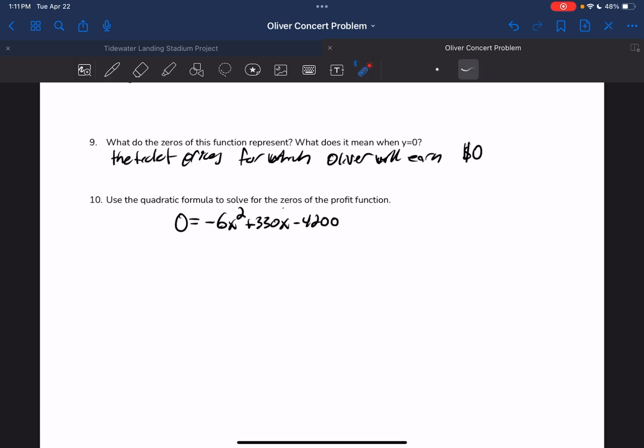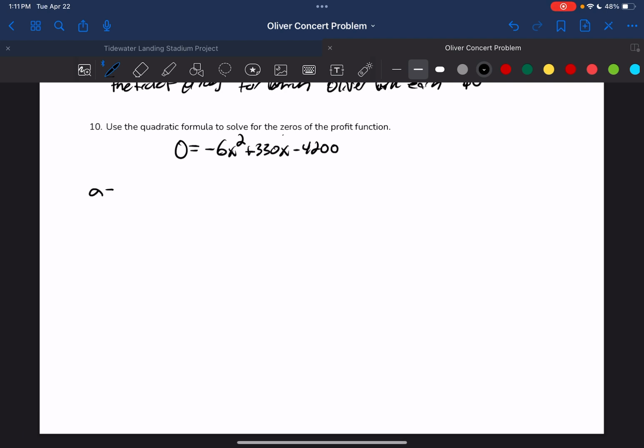And we know when we have an equation like this, we can solve it using the quadratic formula. So we want to identify a is equal to negative 6, b is equal to 330, c is equal to negative 4,200. Remember our quadratic formula: x is equal to negative b plus or minus the square root of b squared minus 4ac, all over 2a.